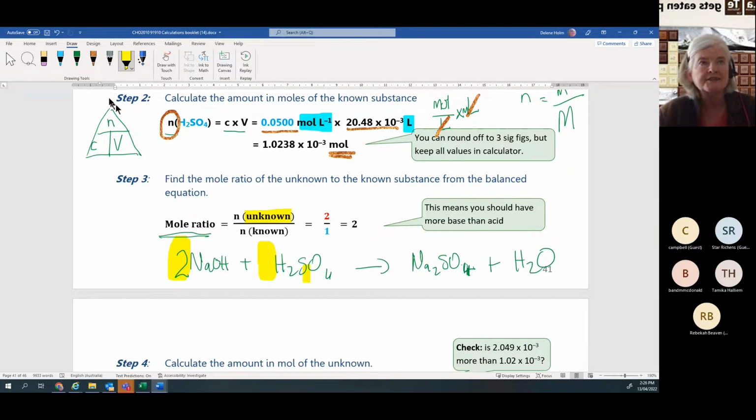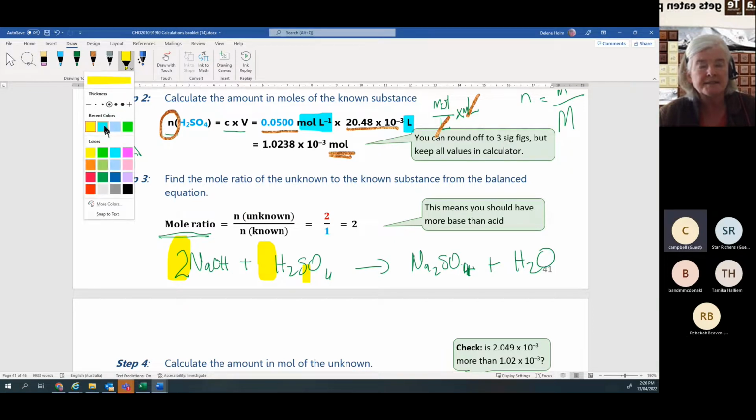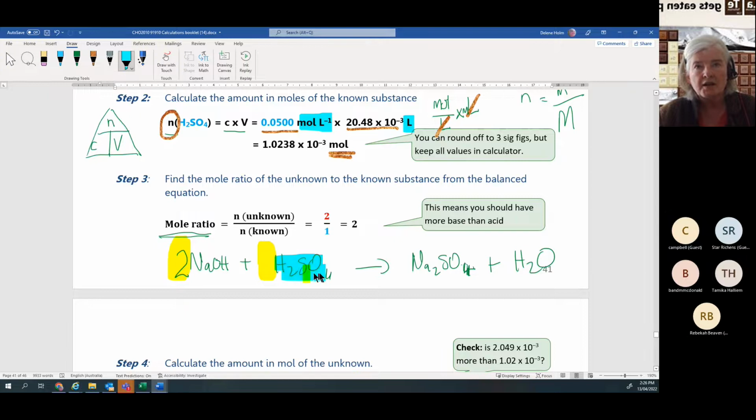So what do I mean by this? Let's tidy this up. Remember, we were working with sulfuric acid all the way through up here. This is all sulfuric acid. So this is what I mean by our known. We've got the C, we've got the V, we've got the N. So this is our known.